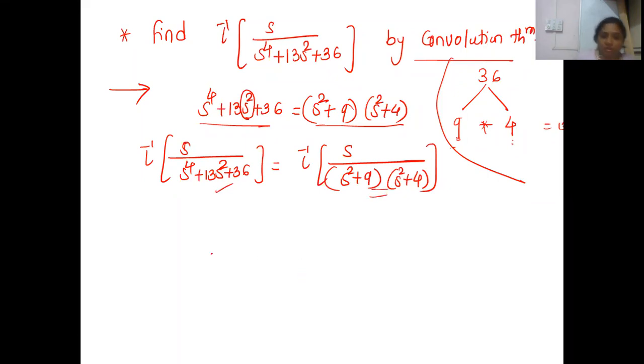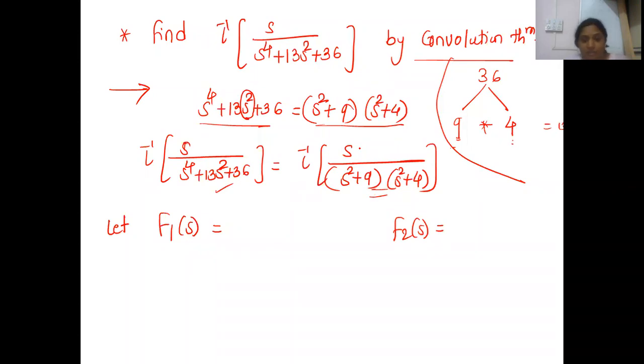Now by convolution theorem, there should be two functions, f1(s) and f2(s). So can you just tell me f1? s upon s square plus 9, you said. So what will be the second? 1 upon s square plus 4. Very good. So you can either give s to this or this. No problem, you can give it to anyone.